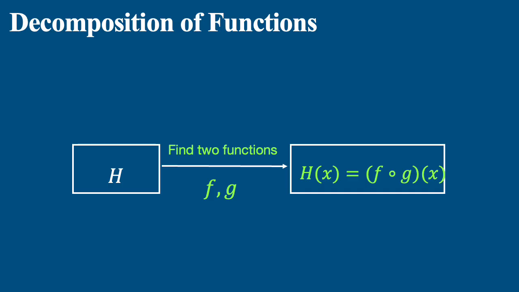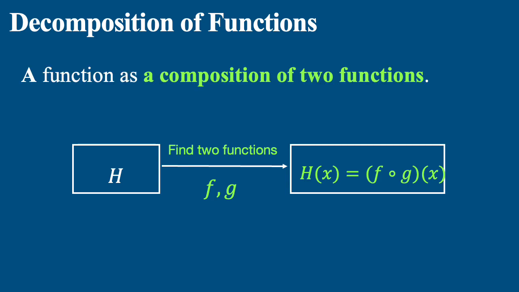Do you understand, everyone? Given the function, we're going to find two simpler functions f and g. When you composite the two functions f of g, that becomes h of x. That's the process of composition of two functions. So, a function as a composition of two functions. The simple idea is to break down a function into two simpler functions.